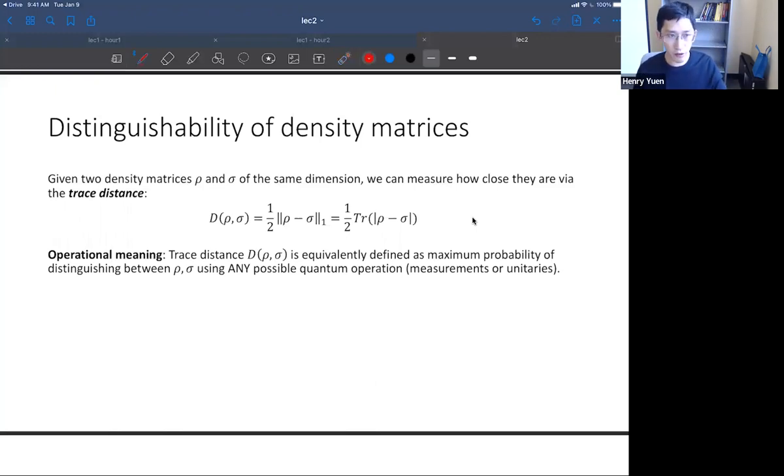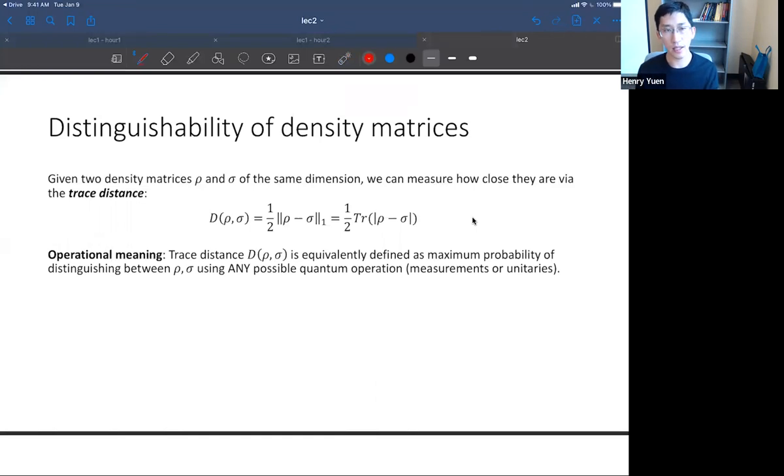Before saying mathematically what that actually means, here's the operational meaning, which is far more important to keep in mind: this is defined as the maximum probability that you can distinguish these 2 density matrices using any possible operation. So I give you these 2 density matrices.